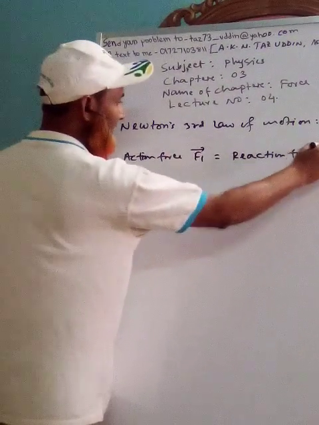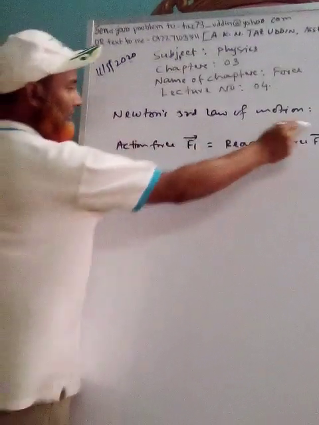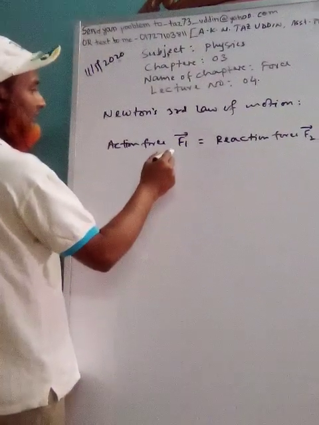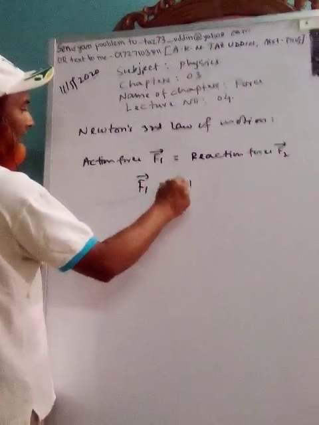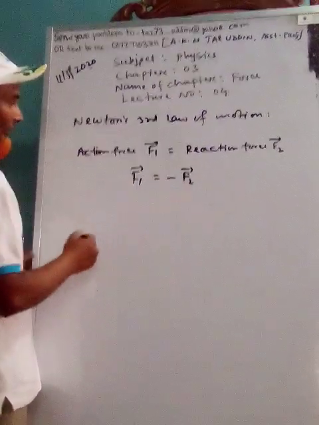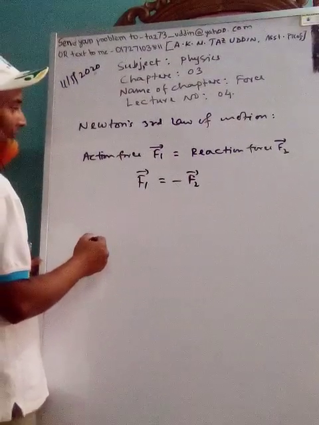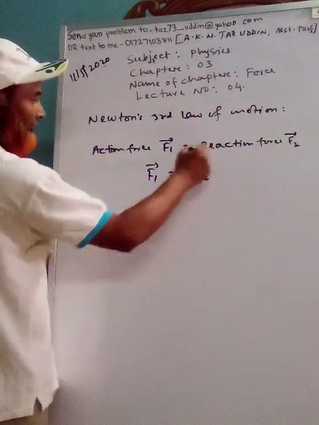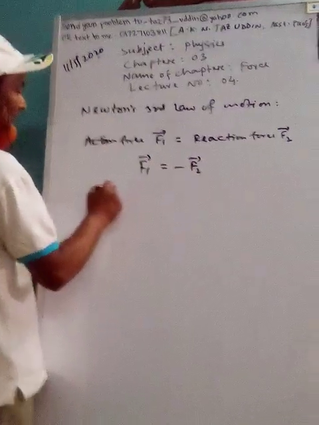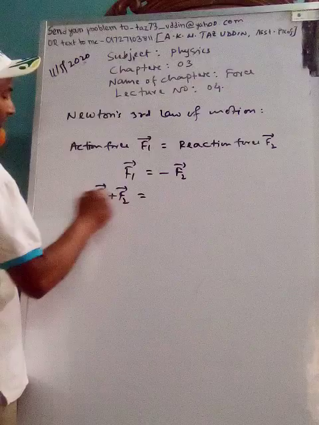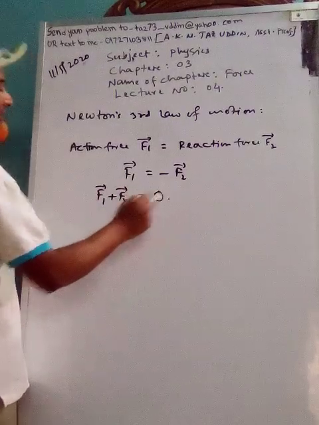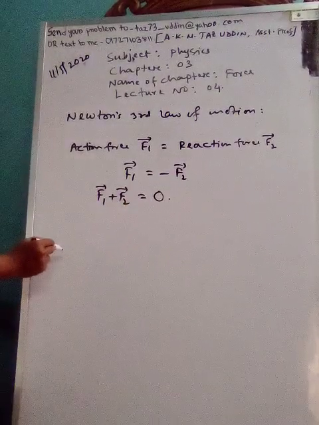That's why I show you the vector sign. If I write it, they are in opposite direction. So F1 equals minus F2. Reaction force, that's why I write a negative sign. So if we take the sum of the two forces, the sum of the action and reaction force is always 0. This is Newton's third law of motion.